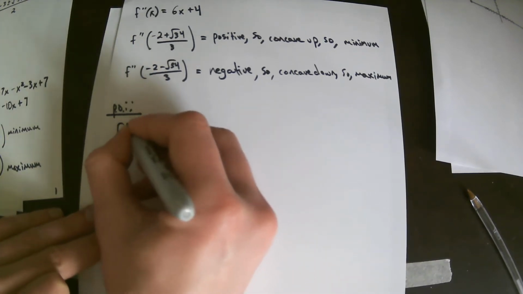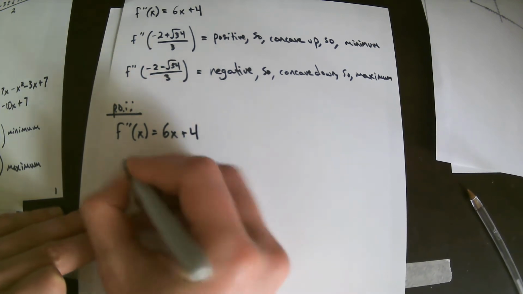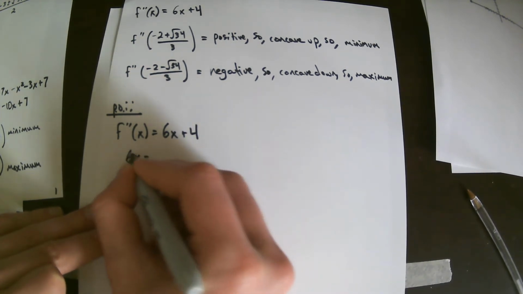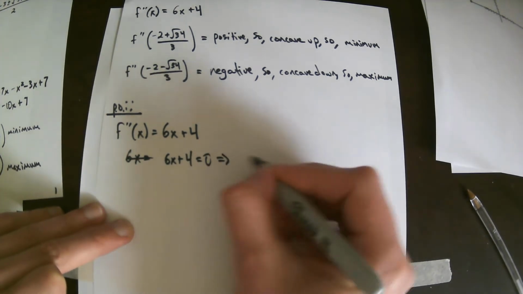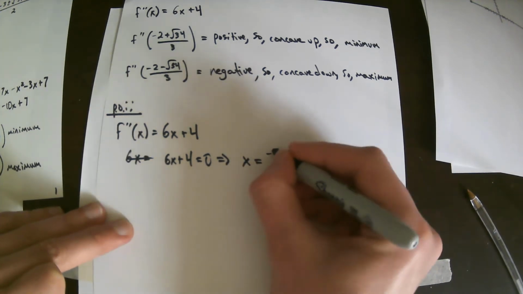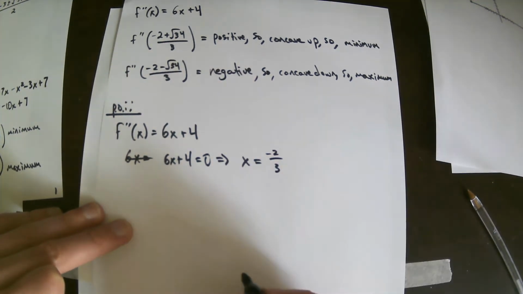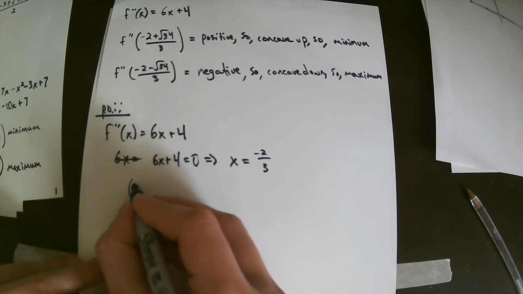We're going to set f double prime of x equal to 0 and solve. And that's going to give us negative 4 divided by 6, negative 2/3. Negative 2/3, and what is the coordinate point for that?